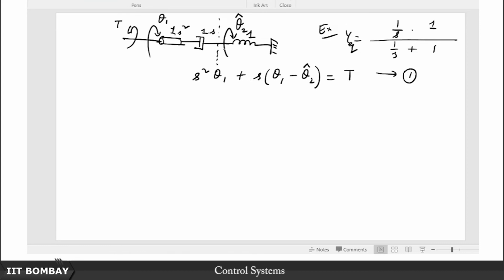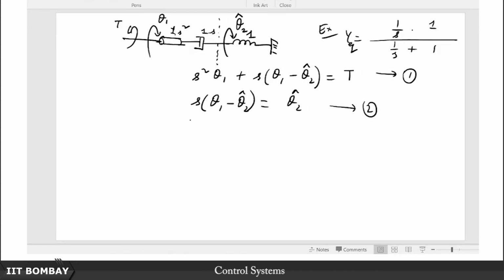For the second case we can now write, of course, the total twist or total torsion experienced by this dashpot. It is nothing but S times (theta 1 minus theta 2 hat), which is balanced by the spring times theta 2 hat. This is my second equation.